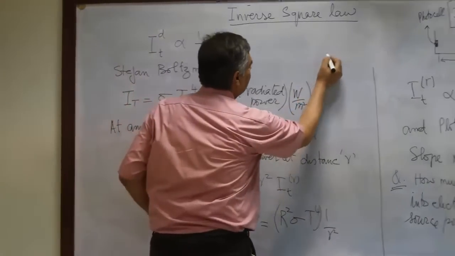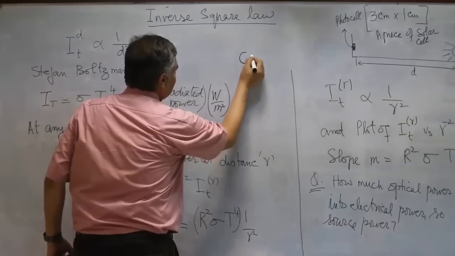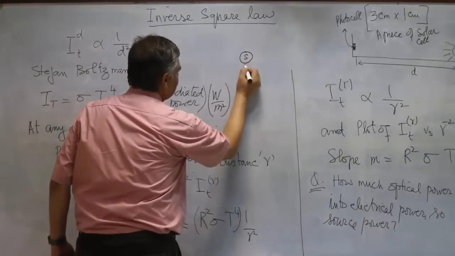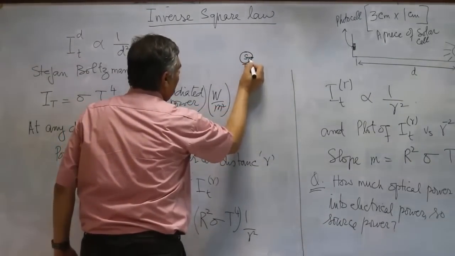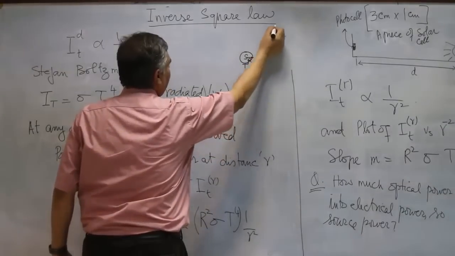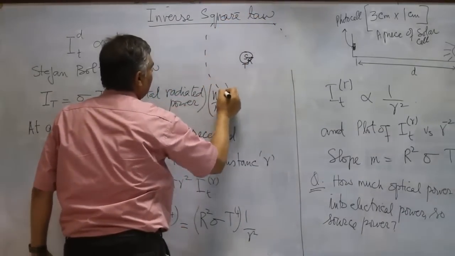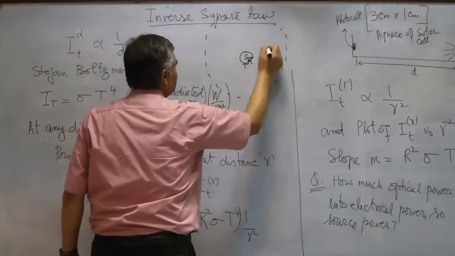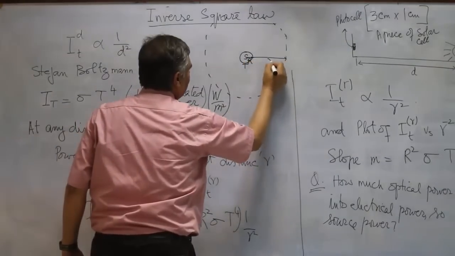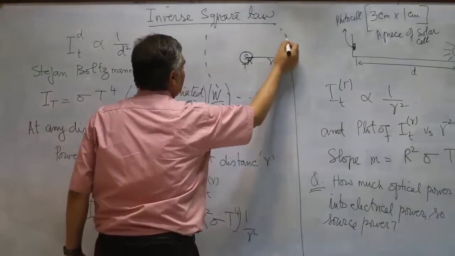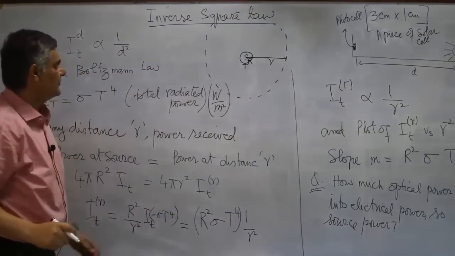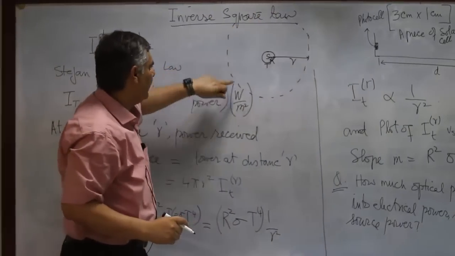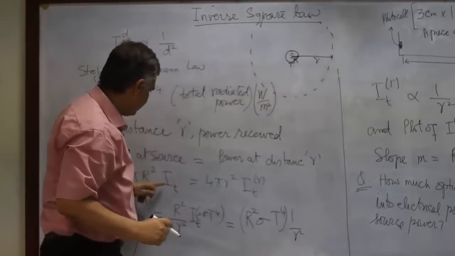So it's like this. We have this source which is at temperature T, and its radius is R, and we have another sphere at a distance r. Okay, so we can measure how much power is being dispersed or transferred at this sphere using this equation.